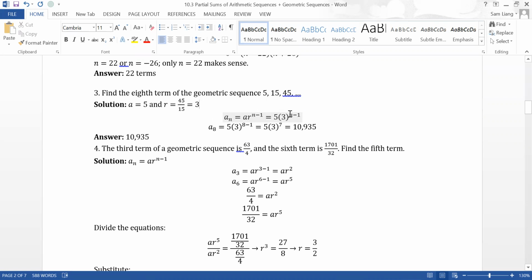And then we take that to the power of n minus 1. Again, we do minus 1 because our first term, we call that a1, not a0. From there, we plug in 8 for n. So a8, the eighth term, is equal to 5 times 3 to the 8 minus 1, which is 3 to the 7th. If you plug that into your calculator, you're going to get 10,935 as your final answer.